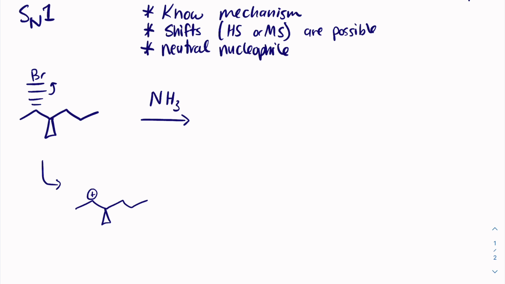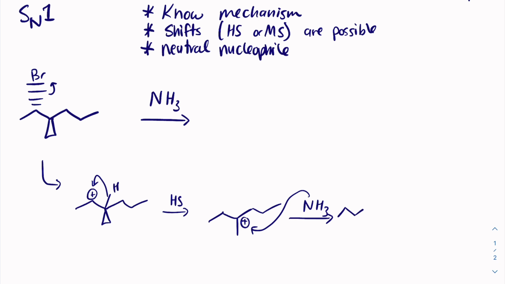And so what we'll get is a hydride shift here. And then our ammonia, nitrogen nucleophile can attack. When it attacks, it will bring with it anything that it is bonded to. So that nitrogen is bonded to 3 other H's. That gives nitrogen a positive formal charge.